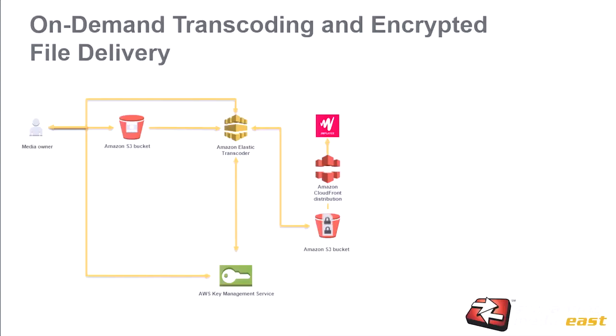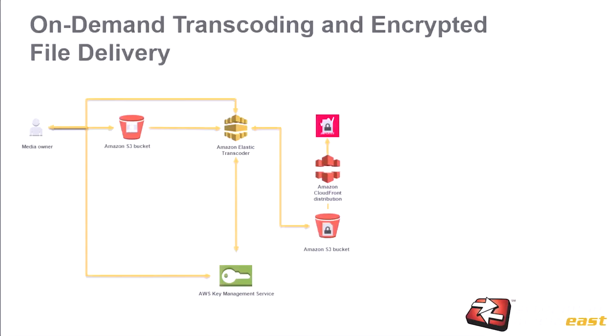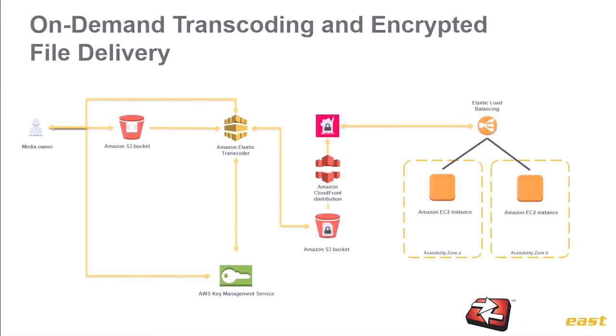Now this output S3 bucket has your encrypted, transcoded media file. You can deliver that via Amazon CloudFront, the content delivery service, to the user who's using JW Player in this case. Now JW Player or the user's device has this encrypted media file. It needs to decrypt it somehow, so it needs the keys. So you could build a very simple application, which is what I'm showing on the right-hand side there.